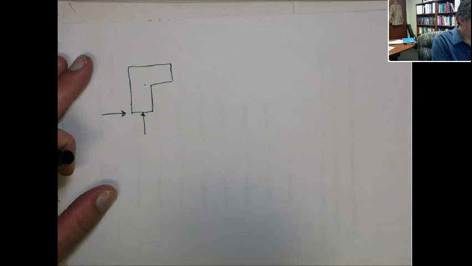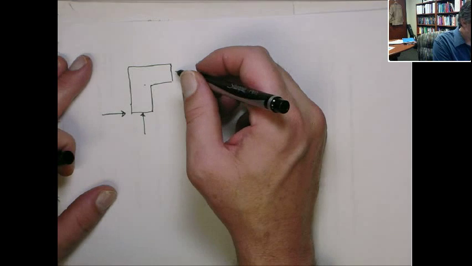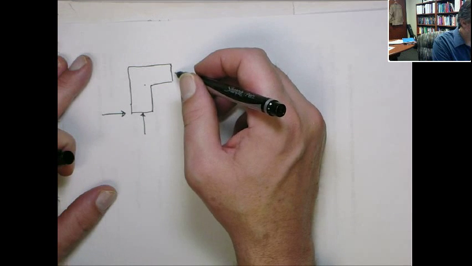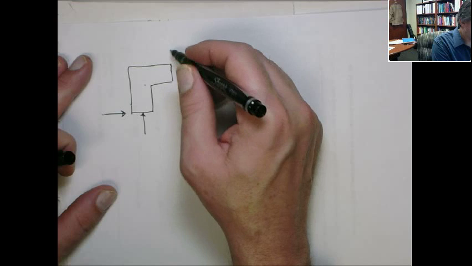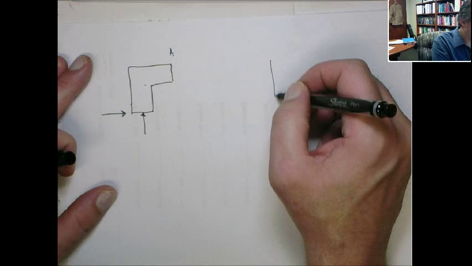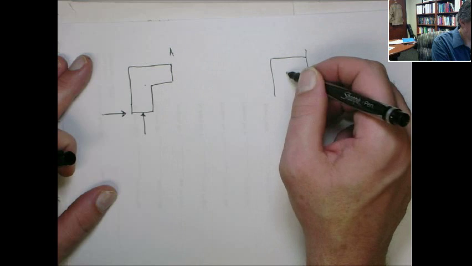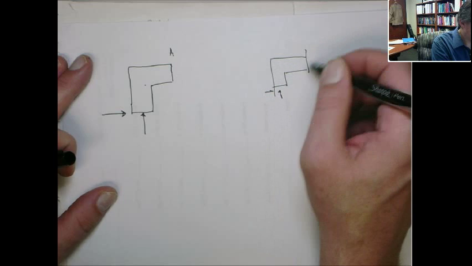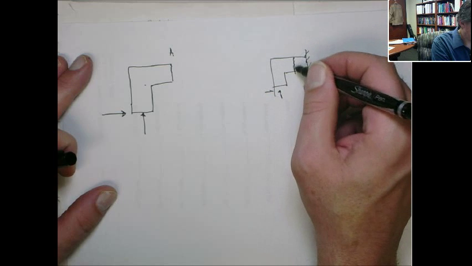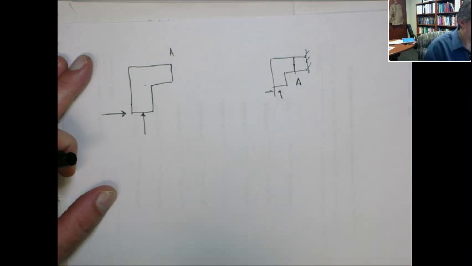So let's determine the average normal and shear stress at this point A. This is what that graphic looks like.